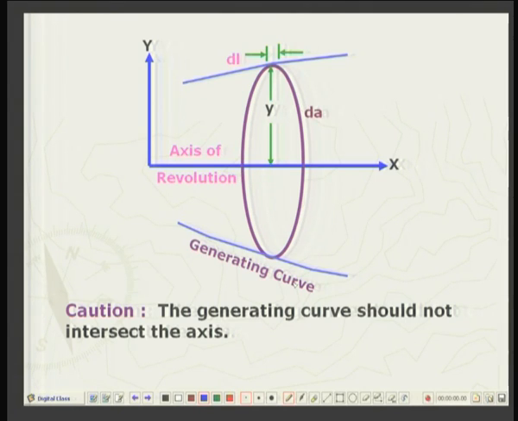Now, in choosing the curve of revolution, we have to take some precaution. The generating curve should not intersect the axis. It should not pass or cut the x axis. At the most, it can touch the x axis tangentially. Otherwise, you will have positive and negative surfaces, and that complication is not necessary at the moment.